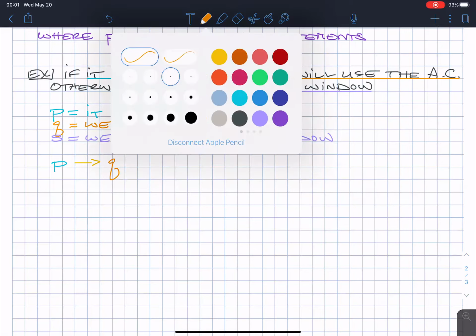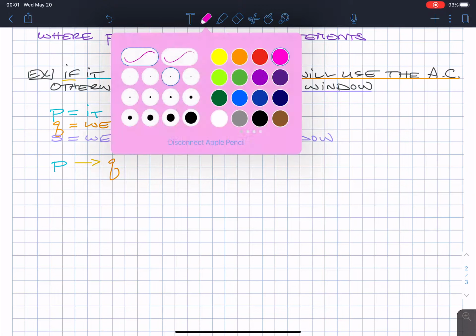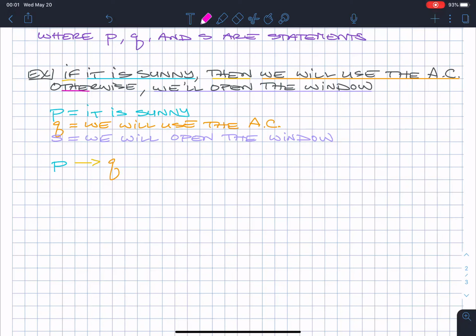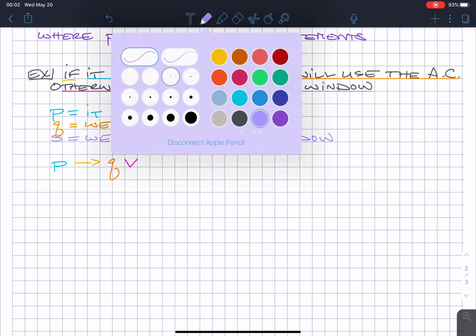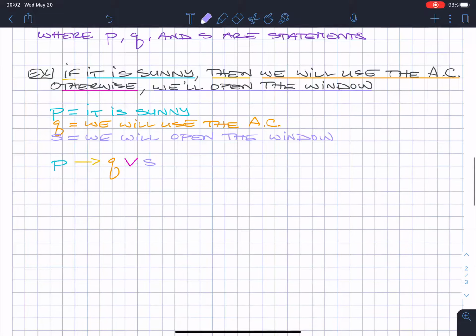So this yellow is the if then. Otherwise, or the else, would be the or. Otherwise what? Otherwise, or else, we will open the window. So if it is sunny, then we will use the AC. Otherwise, we will open the window.